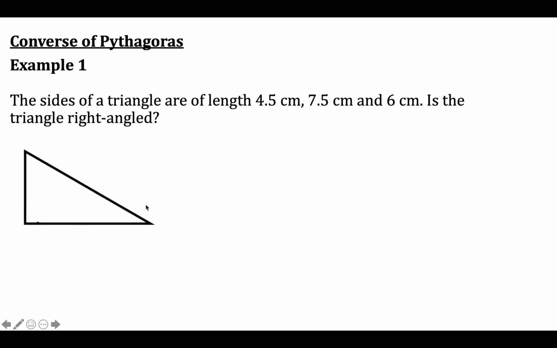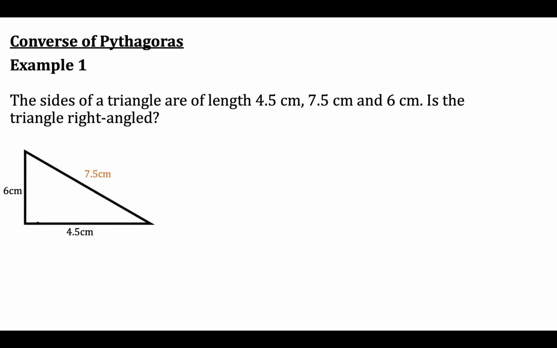That's the longest side, so that has to be 7.5 centimetres, which means the other two sides are 6 centimetres and 4.5 centimetres. Now I realise the diagram's not to scale at all, which you should probably be able to see from this, but that's okay. We're just trying to get a visual picture in our head just now of what's actually going on.